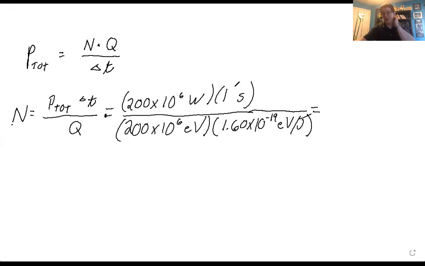Our denominator is in joules and our numerator is also in joules, which is what we want. So that's 200 times 10 to the 6th divided by 200 times 10 to the 6th times 1.60 times 10 to the negative 19, and you get 6.25 times 10 to the 18. That's the total number of reactions.